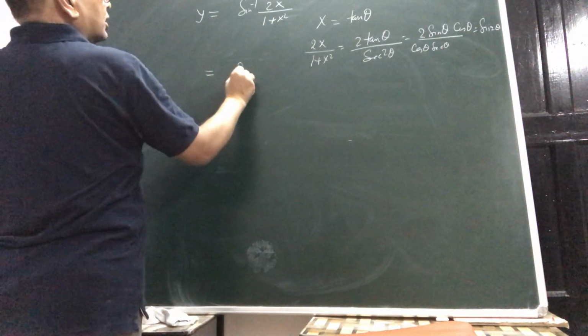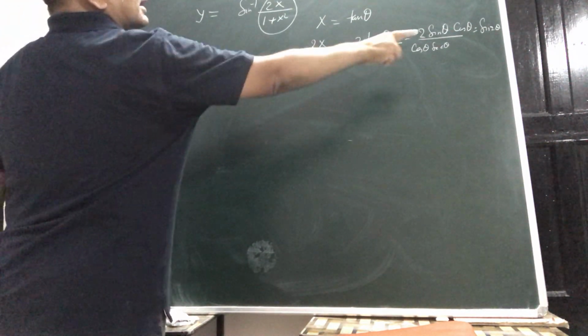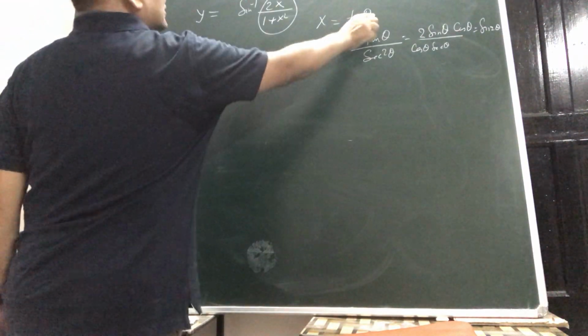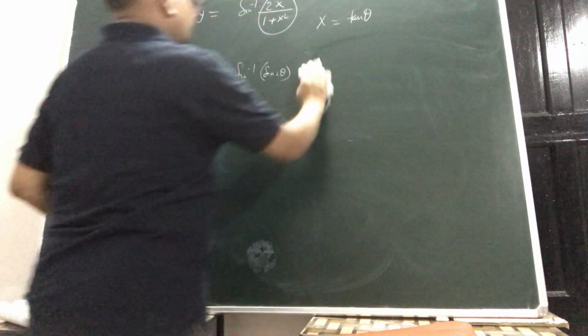So this basically becomes sine inverse, and this whole lot becomes sine 2 theta when you put x is equal to tangent theta.